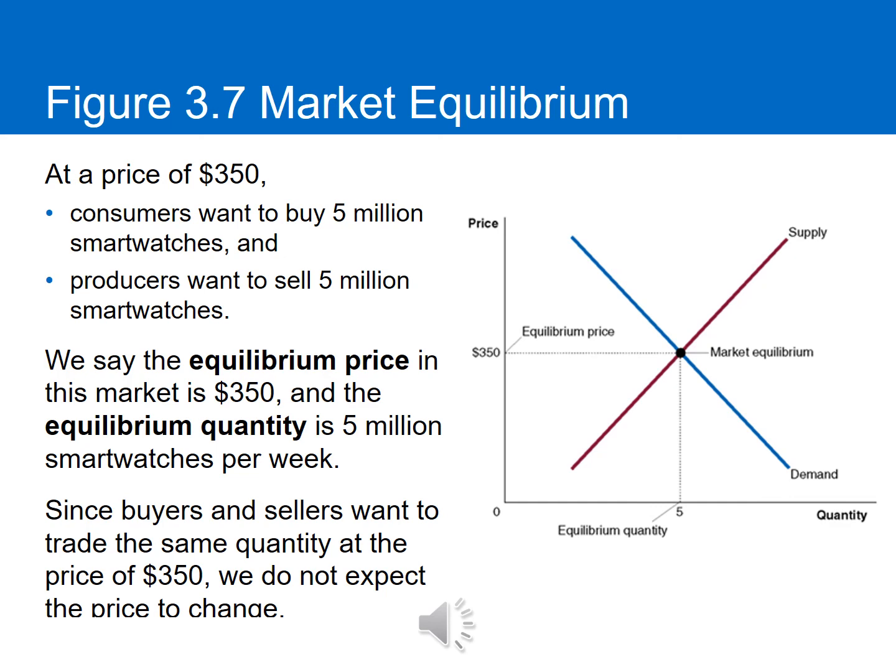So we say that the equilibrium quantity in this market is 5 million. And we say the equilibrium price in this market is $350. Since buyers and sellers want to trade the same quantity at the price of $350, we do not expect the price to change. All of the smartwatches that firms want to sell are able to be sold, and all of the smartwatches that consumers want to buy are able to be bought.